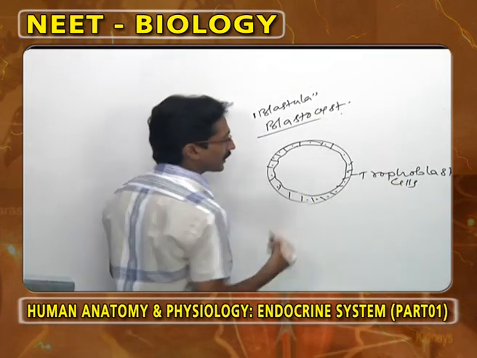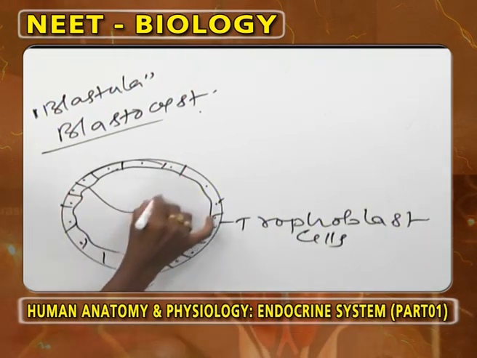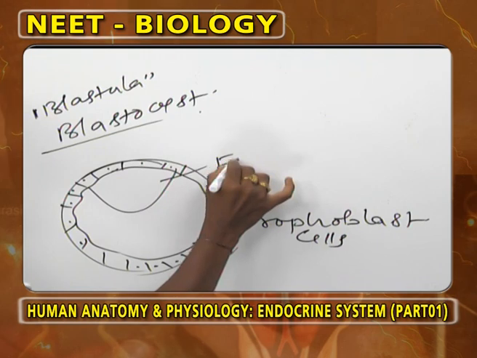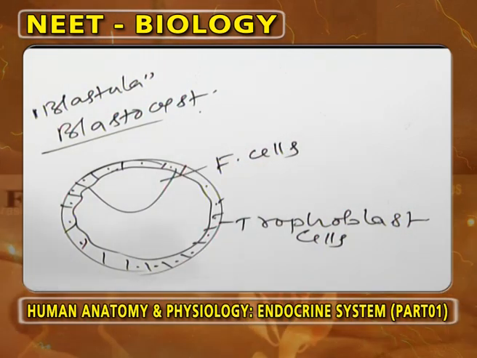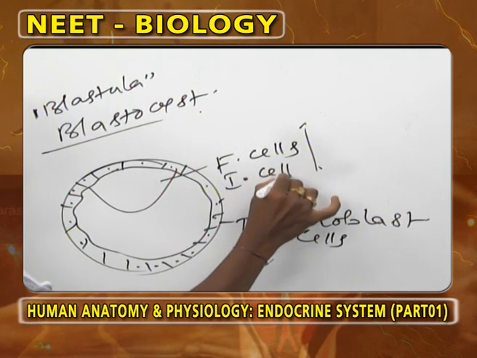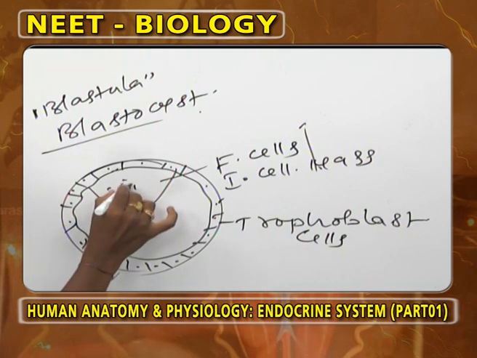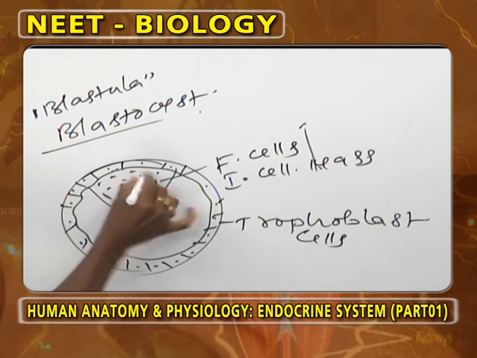Now, on one side of the trophoblast, what are present? The formative cells. The formative cells are also called the inner cell mass. This is the inner cell mass or formative cells.